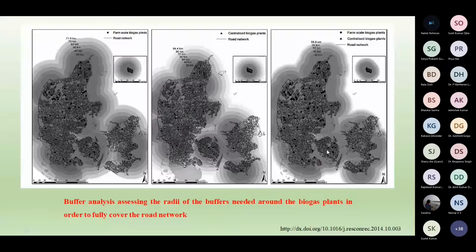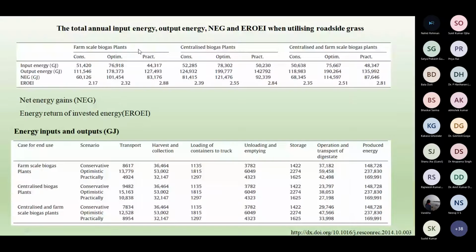This is a buffer analysis, showing that the farm scale biogas plant is somewhere here, and then these are the buffer zones. It is assessing the radii of the space needed around the biogas plant. In order to fully cover the road network, this study was done, and they calculated the input energy, output energy, NEG and EROI, which is energy return on invested energy, and the net energy gain.